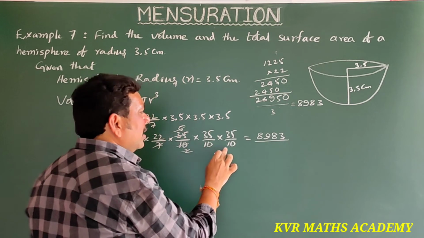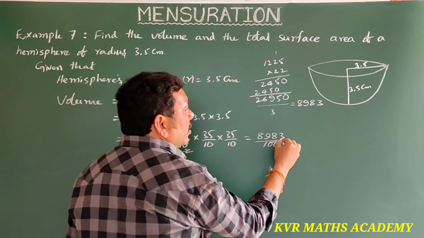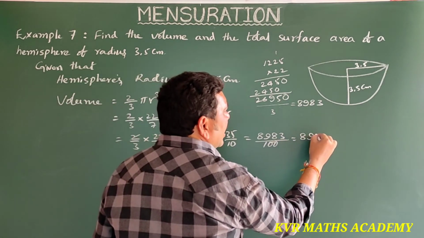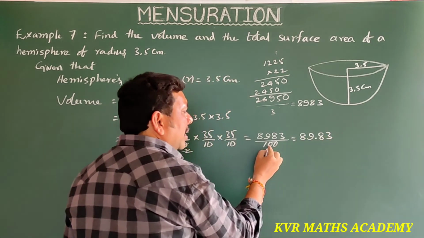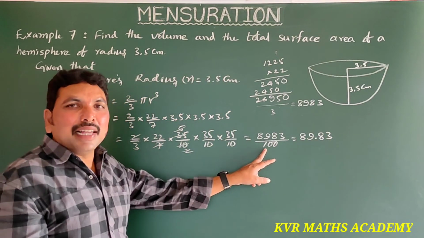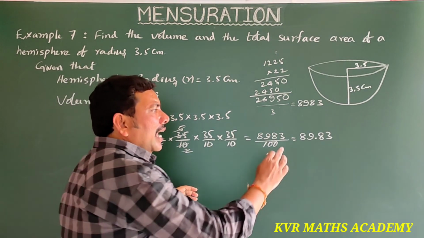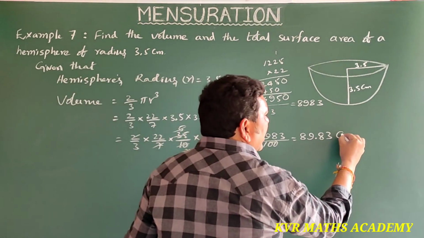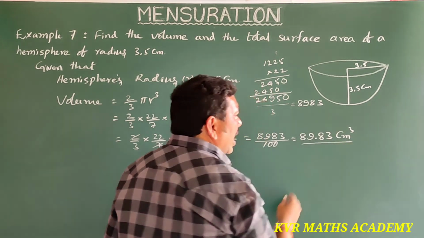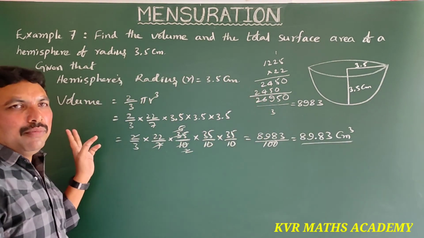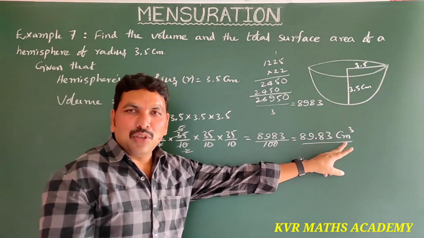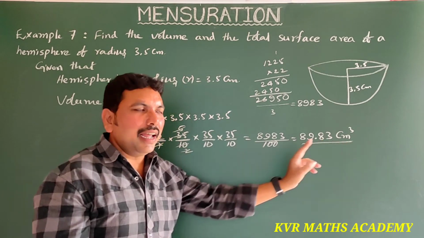So by here 10 tens are 100, we have to keep. So that is equal to 89.83. Why? Because in the denominator there is 100, no. So before 2 digits we have to keep the point. So 89.83, here centimeter cube we have to write. Why? Because it is a volume, no. So centimeter cube. Understood clearly?